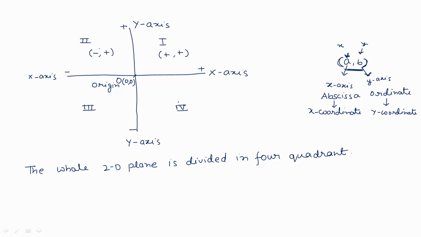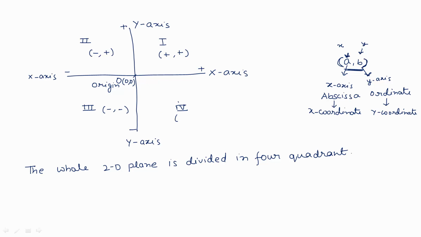So the sign of the second quadrant is minus plus. The sign of the third quadrant: the first sign comes from x axis, this is minus, and the second comes from y axis, this is minus. So the sign of the third quadrant is minus minus.